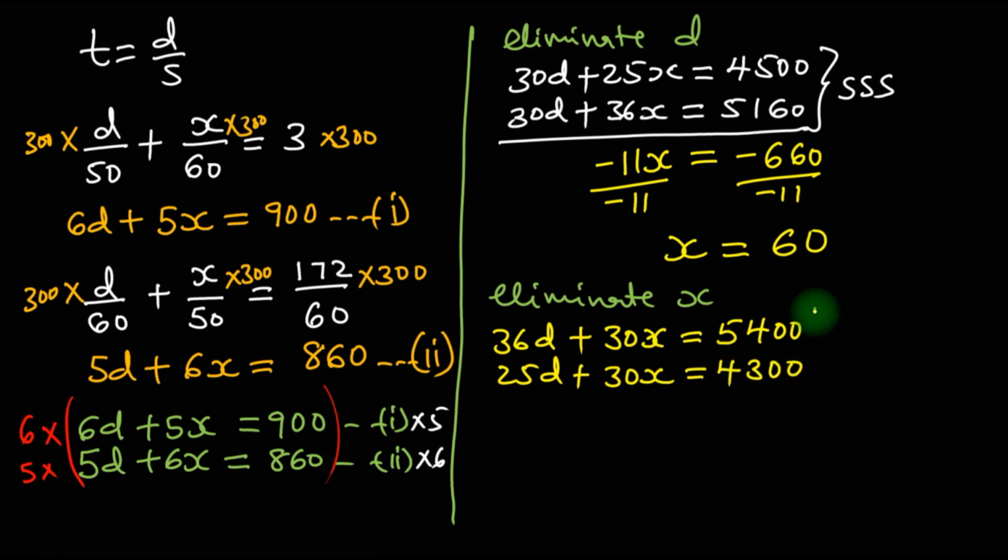I get 4300. So I consider the two equations. Since I'm eliminating x, I'm going to subtract. Same sign, subtract.